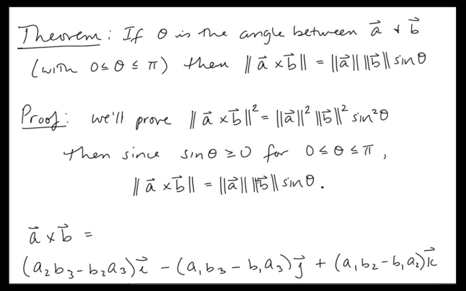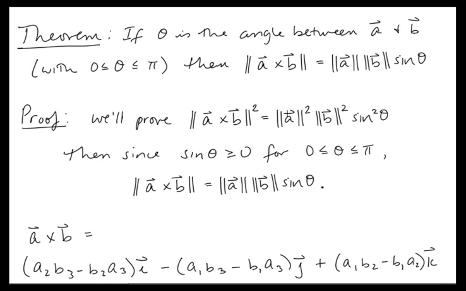Now we have another theorem. If theta is the angle between vectors A and B, again with theta between 0 and pi, then the length of A cross B is equal to length of A, length of B, sine theta. So the key here with the proof is to use everything squared. We're going to show that this length squared is equal to length of A squared, length of B squared, sine squared theta.